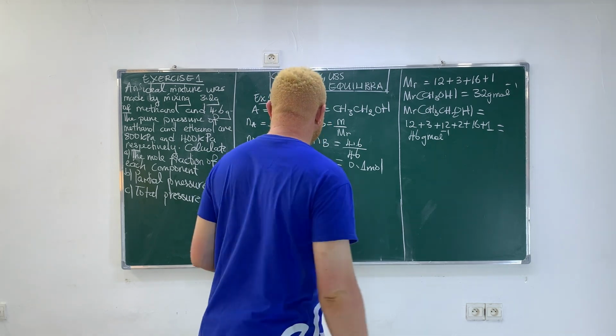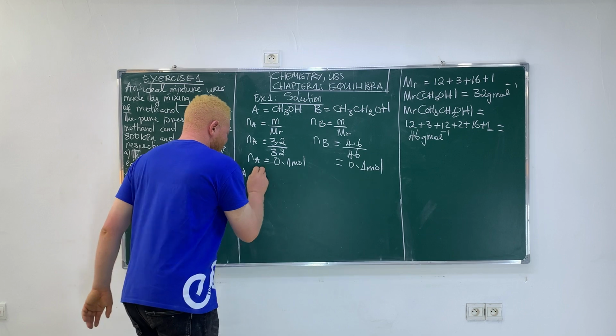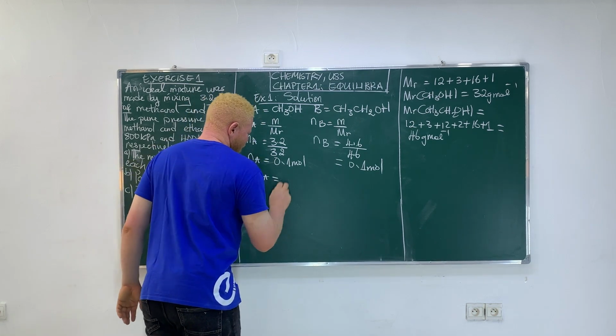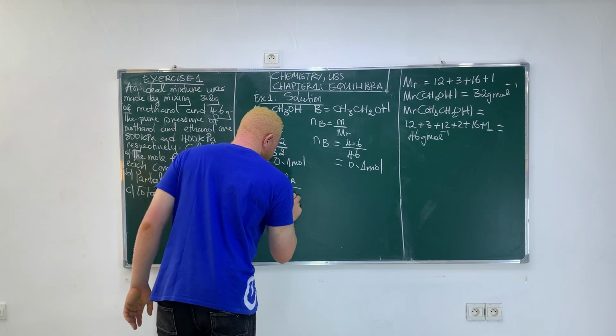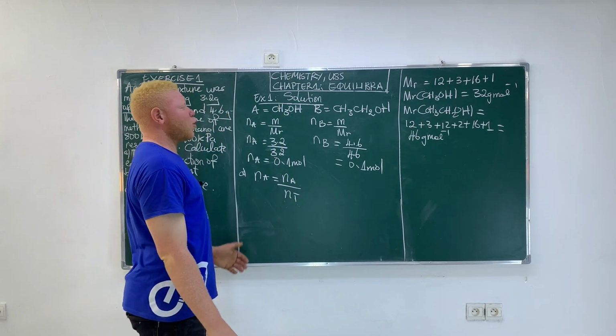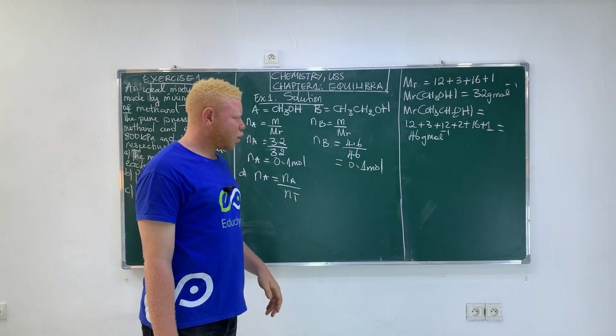The mole fraction of A is the number of moles of A divided by the total number of moles. The total number of moles is simply 0.1 plus 0.1, which is 0.2.